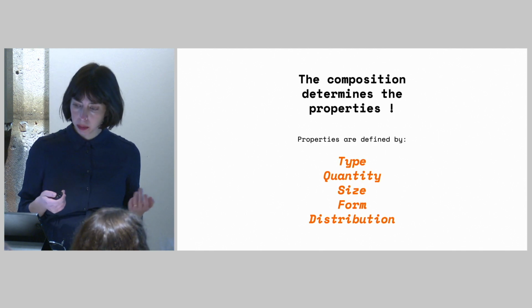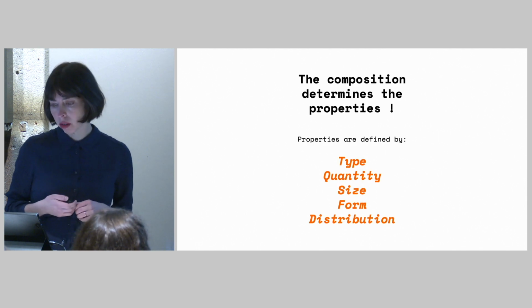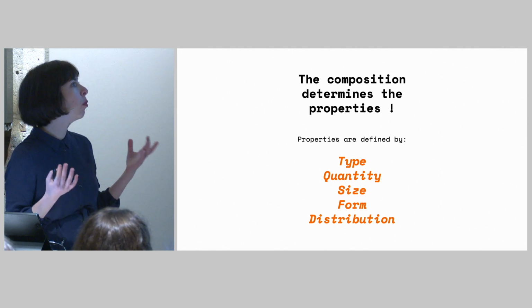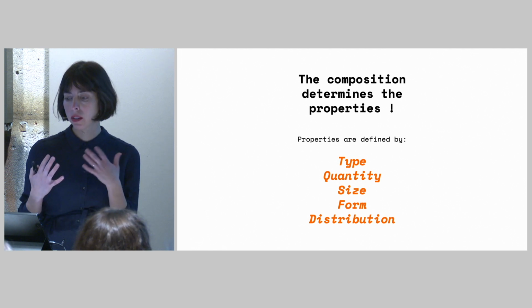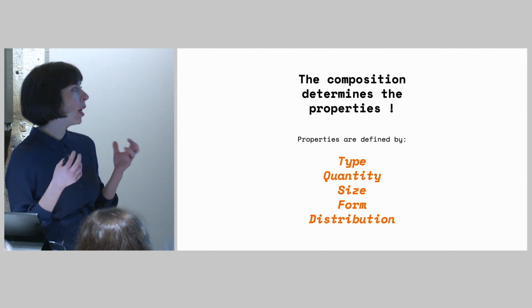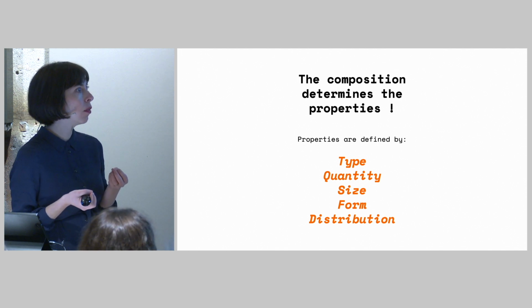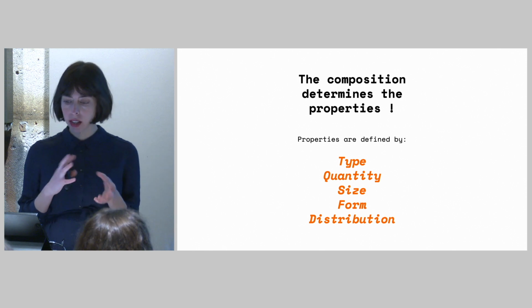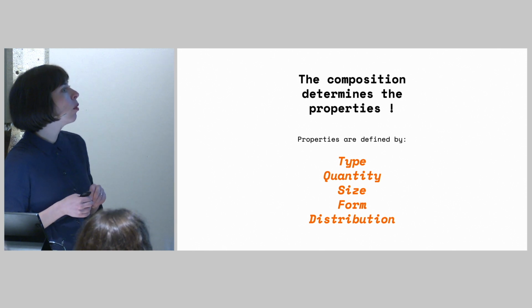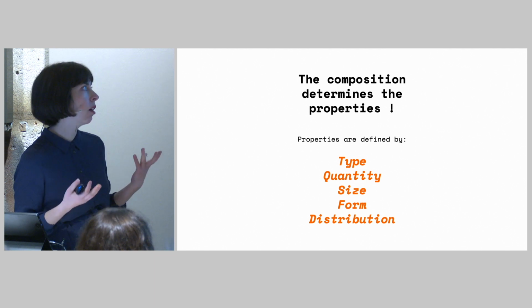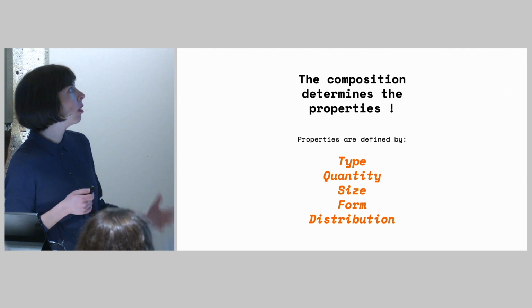And also very much like working with concrete, it's about how you put things together. It's about that mix and the distribution of the elements that you're putting in, the different types of proportions that you use, the quantity, the size, and the form of the elements that go in. So it's really, in many ways, like cooking or baking a bread, right?